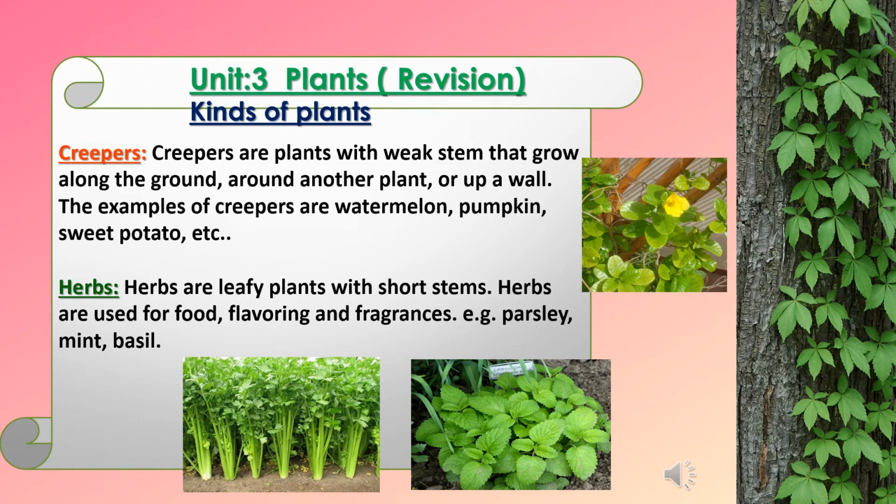These herbs have very good fragrance and smell, and they can be used in food for fragrance and for flavor also. Okay students, I hope you have learnt about different kinds of plants. Now let's go and revise about some other kinds of plants.